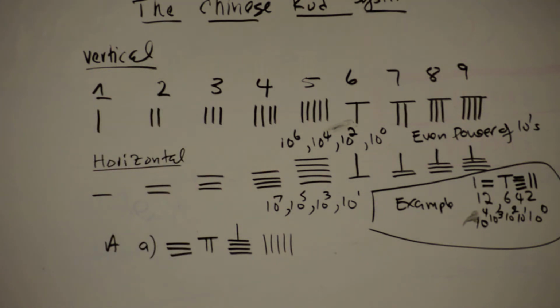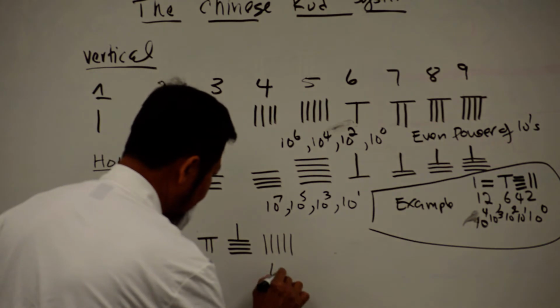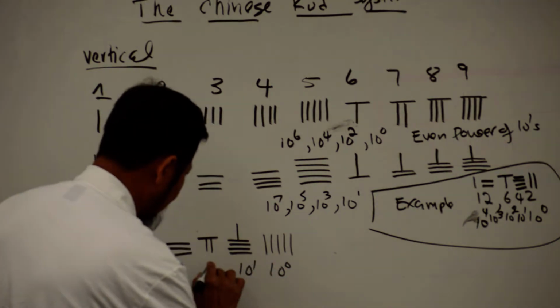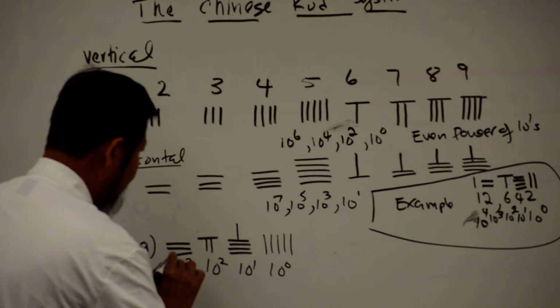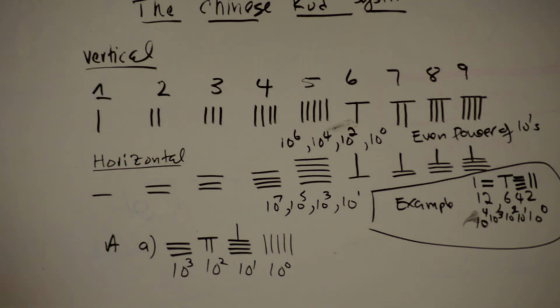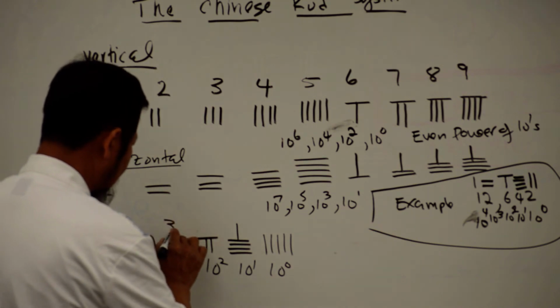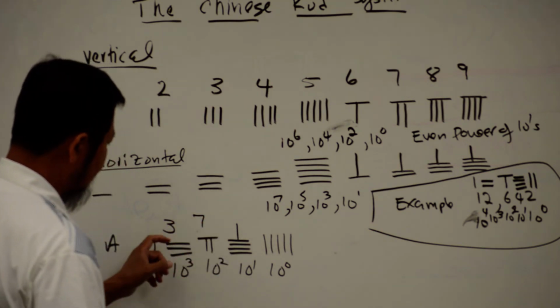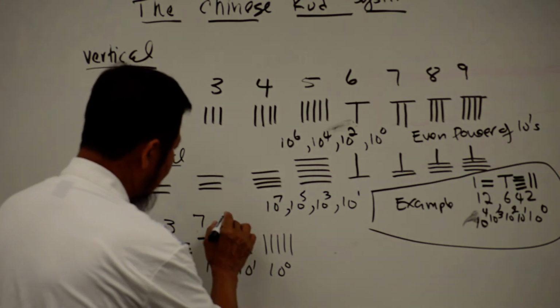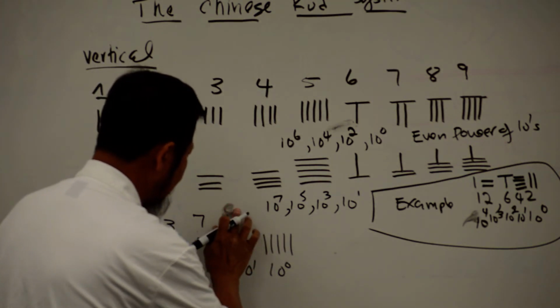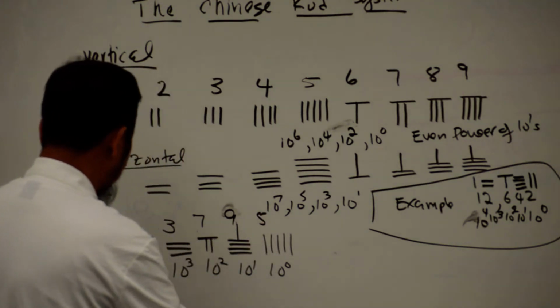Well, based on the number given here, we can rewrite it using place value. So I know that this is 10 to the 0, this is 10 to the first, 10 to the second, 10 to the third, right? So that's 3, this is 7, 3,795. Okay, so that's the answer.